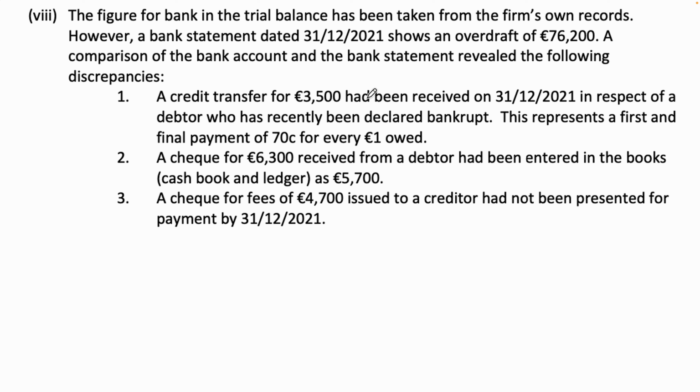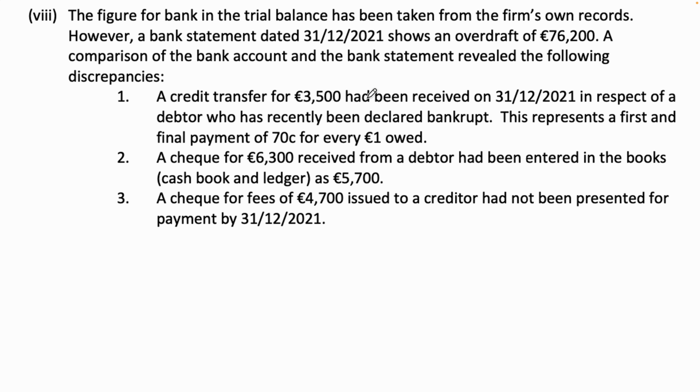Note 2. A cheque for 6,300 received from a debtor had been entered in the books, cash book and ledger as 5,700. And note 3, finally, a cheque for fees of 4,700 issued to a creditor had not been presented for payment by the 31st of the 12th, 2021.